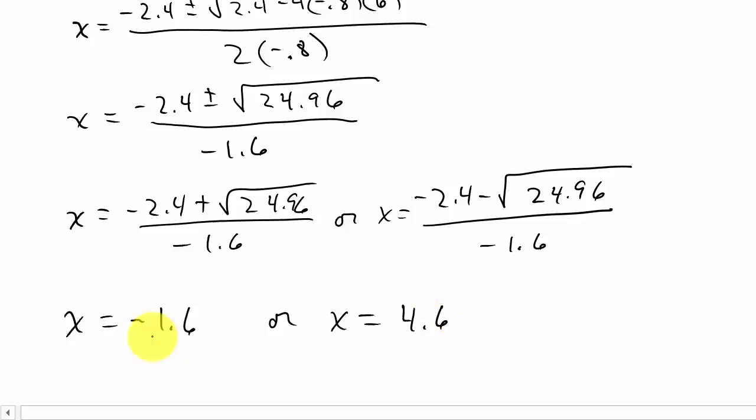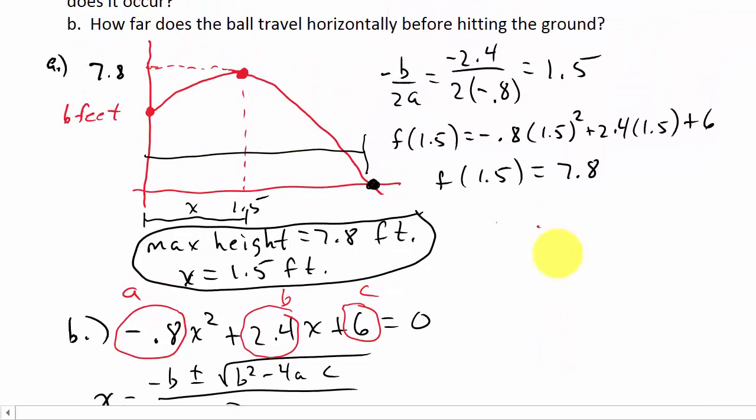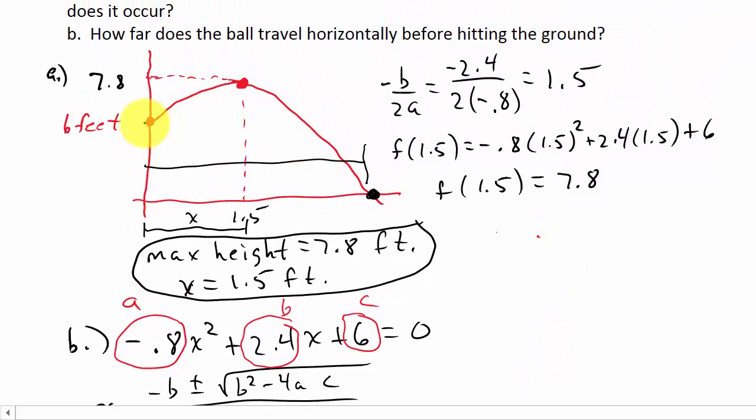Alright, so let's take a look at these two answers. We get negative 1.6 and 4.6. If you look at our graph up here, you see this would continue on this way, and this is the negative 1.6. So we know this is not our answer here. This would be the 4.6 where it hits the ground.